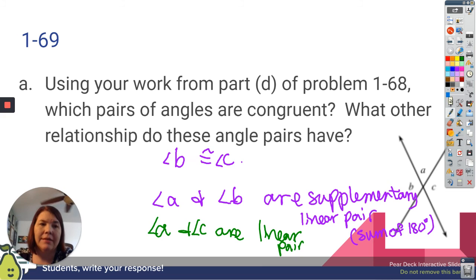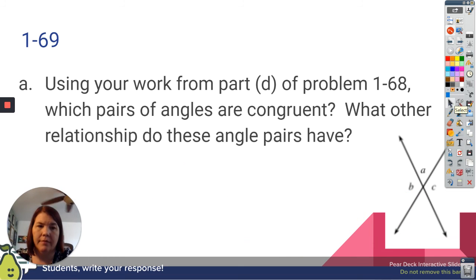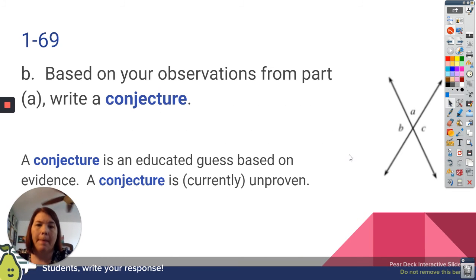So, with that said, based on your observations, write a conjecture. Let's explain what a conjecture is. A conjecture is an educated guess based on evidence. A conjecture is a hypothesis.